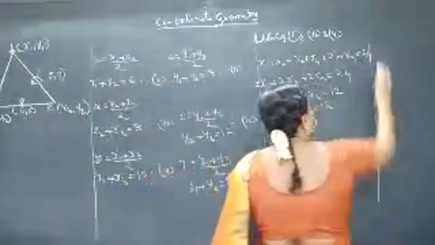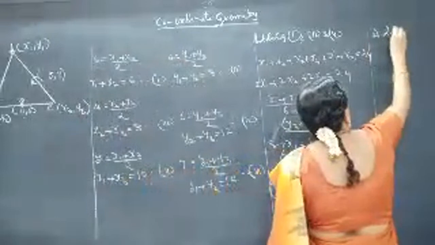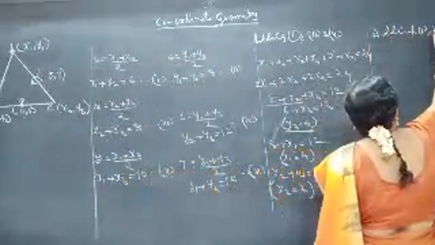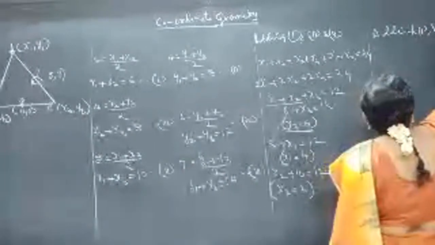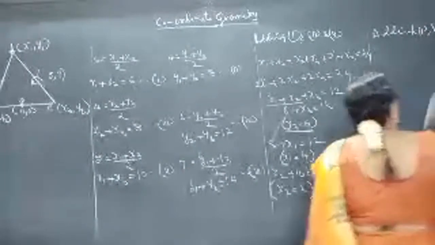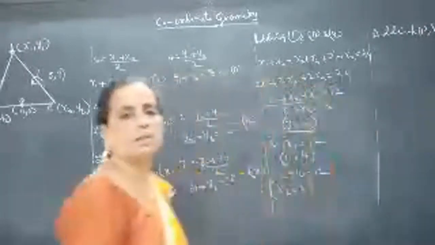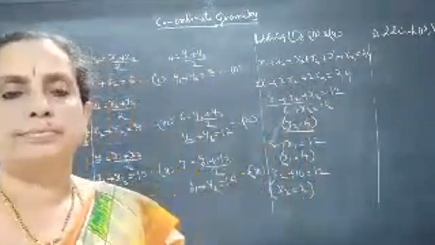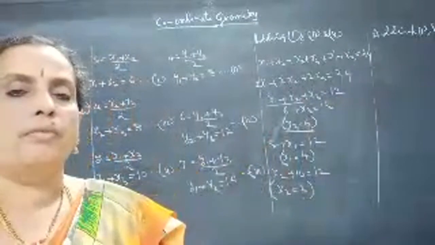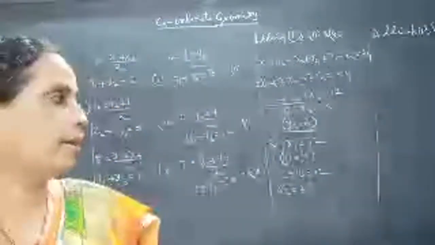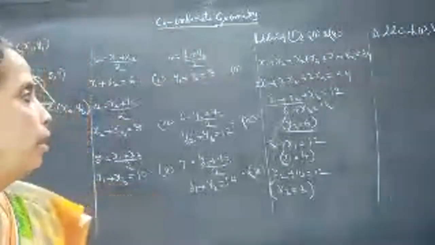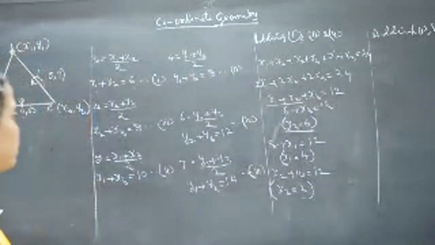Then you write here: adding result 2, result 4 and result 6. Wait for a while. Now if it is not clear, wait and then proceed. Okay? Adding 3 results, what do you get?